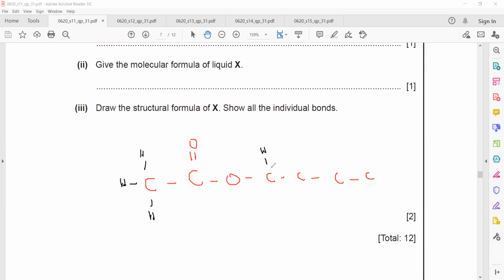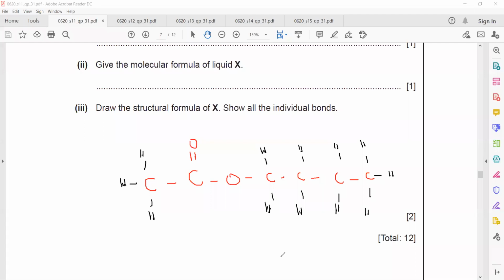Two bonds are formed, so this will have 2 hydrogen. This will also have 2 hydrogen, 2 hydrogens, and 3 hydrogen. So what is the molecular formula?